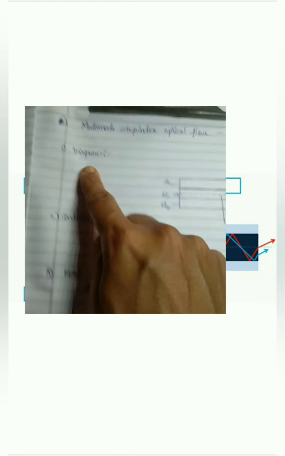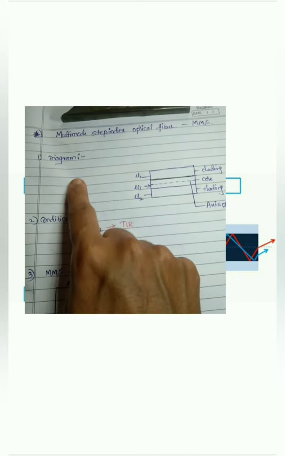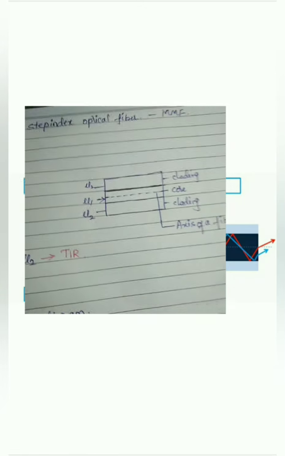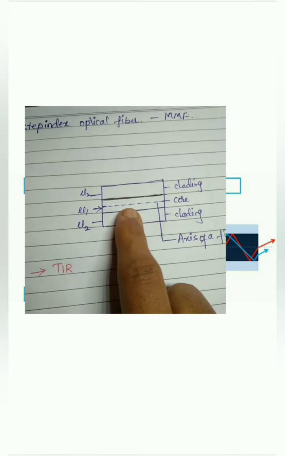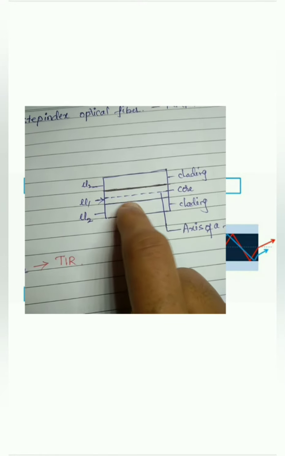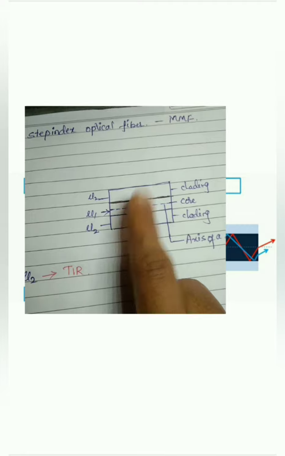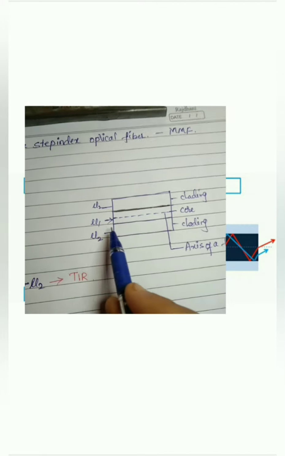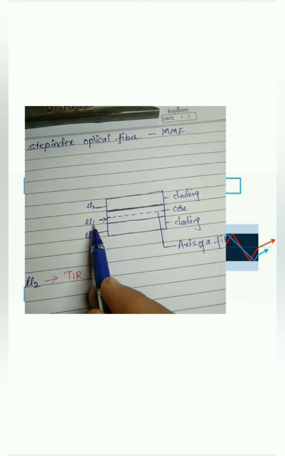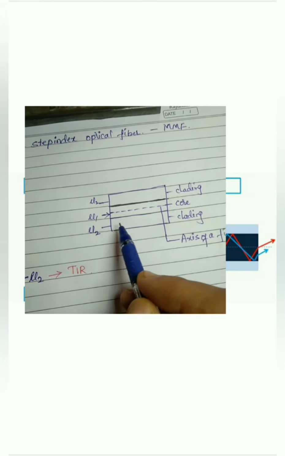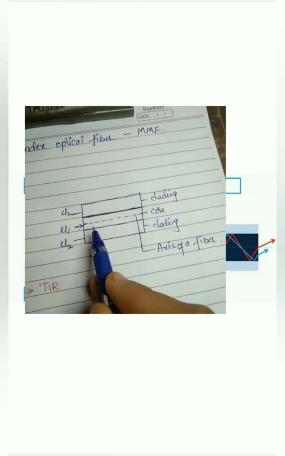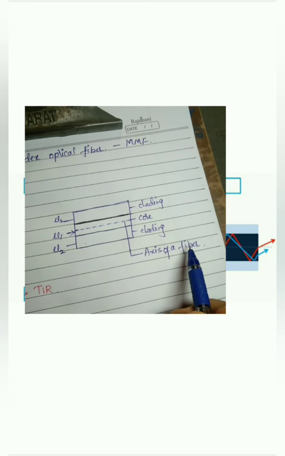With the help of 3 points only we are going to observe this diagram. In the MMF, the central part is called as core, which is having a diameter of 50 micrometers, whose refractive index is called as mu1. Upper cladding is called as mu2. Lower cladding is called as mu2. A central dotted line is called as axis of the fiber.